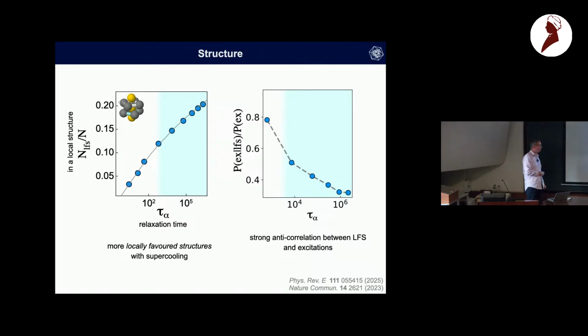CRRs are cooperatively rearranging regions, which are the picture in something like RFOT, where you have a cooperative region that's quite large, getting bigger and bigger as you drop the temperature. These we measured as well, and they had much less relationship with the structure than the excitations did.